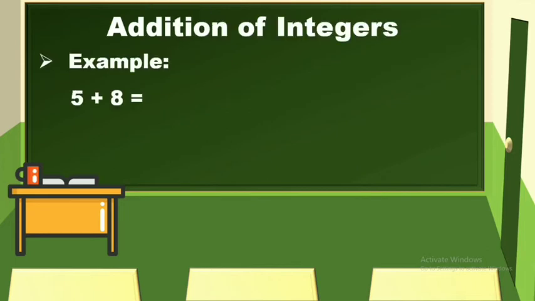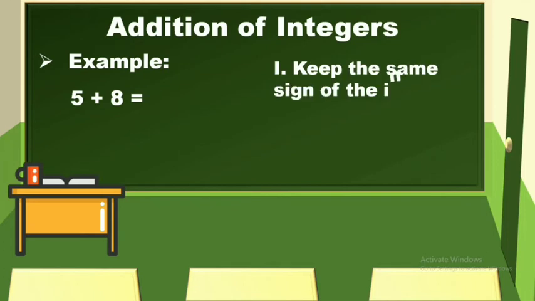5 plus 8. Or you can read that also as positive 5 plus positive 8. The first step is keep the same sign of the integers. Since the sign of 5 is positive and the sign of 8 is also positive, the answer is a positive.